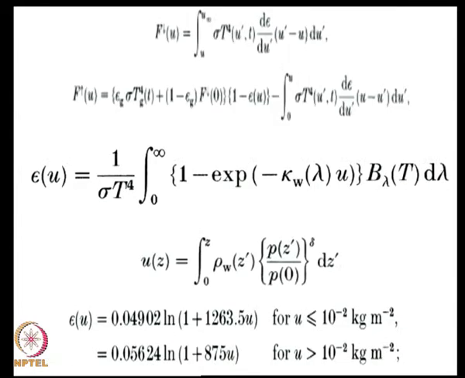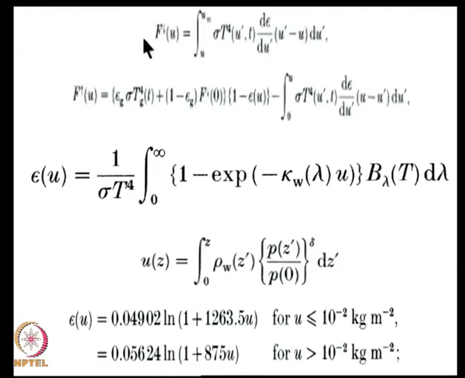and solve this problem. So, here it is shown how in this case you can write down the downward flux of radiation from the atmosphere integrated between u and what is called u infinity here.